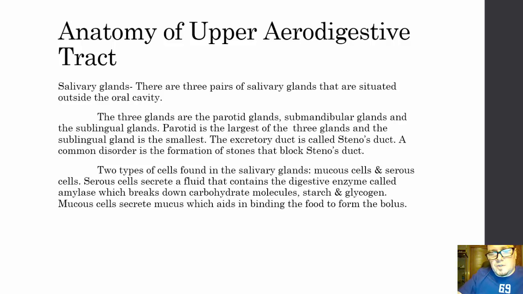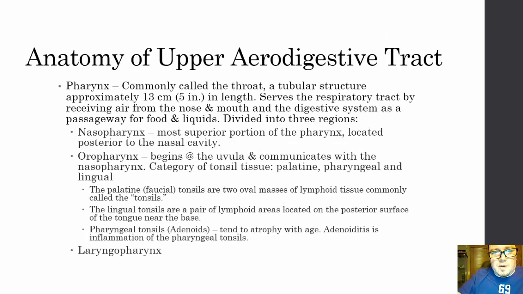Of course, you're going to chew and break the food down with your teeth and your tongue, but the enzyme amylase is going to start breaking down the carbohydrates, the starch and the glycogen. Mucus will also help make a bolus out of what you're trying to swallow and help it go down your esophagus.